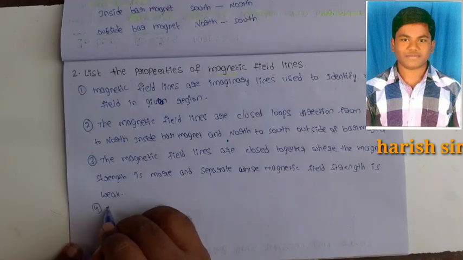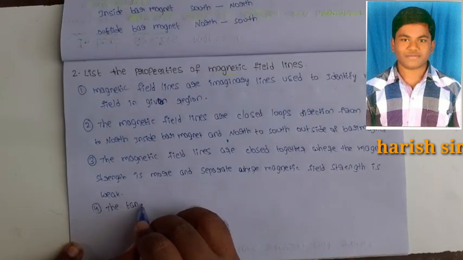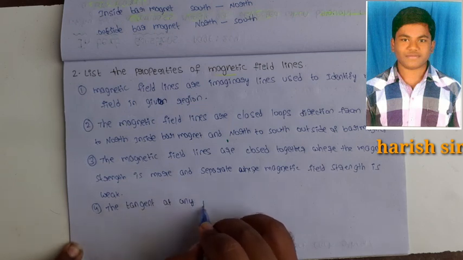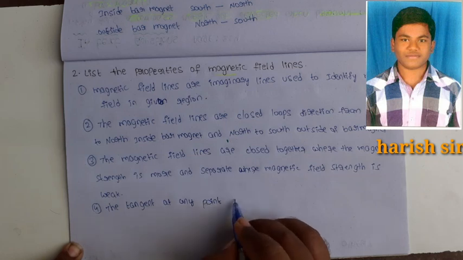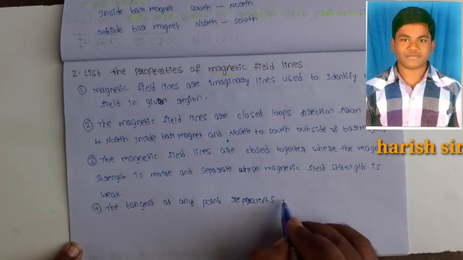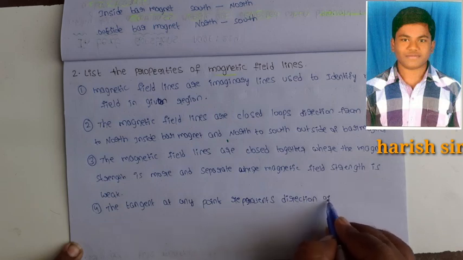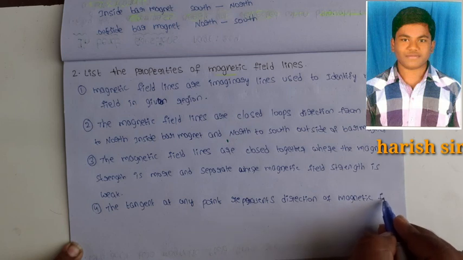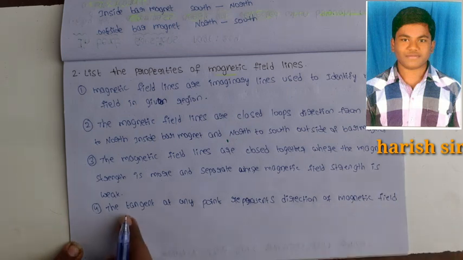Fourth point: the tangent at any point represents the direction of the magnetic field. Here we are going to use the tangent line.